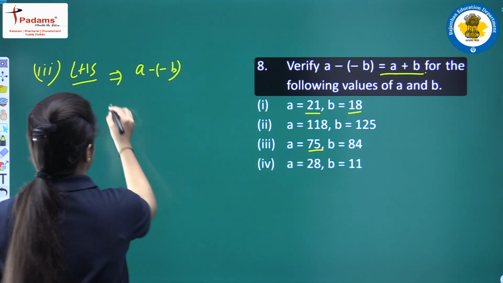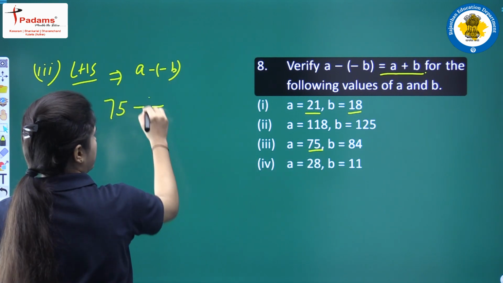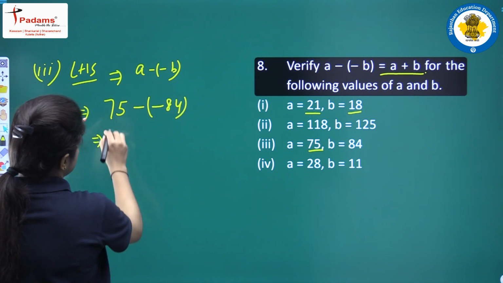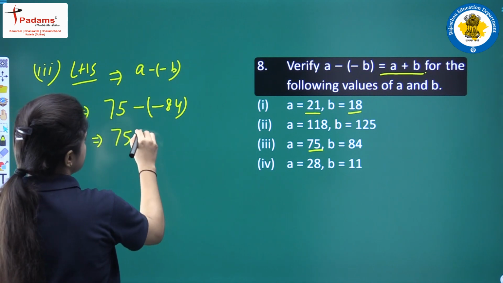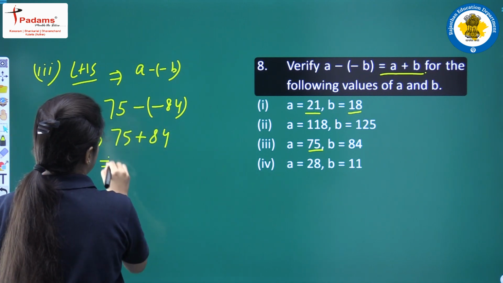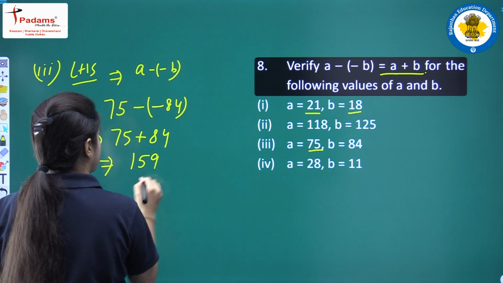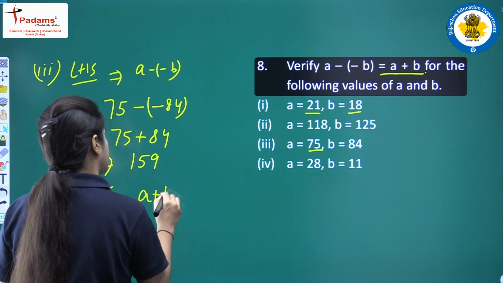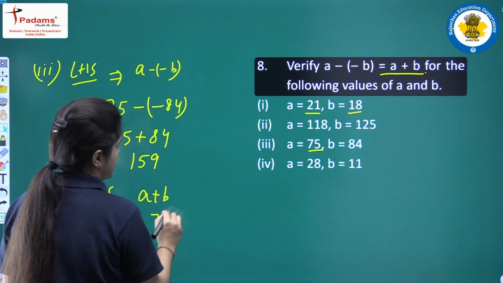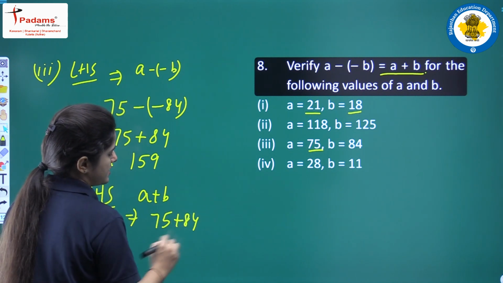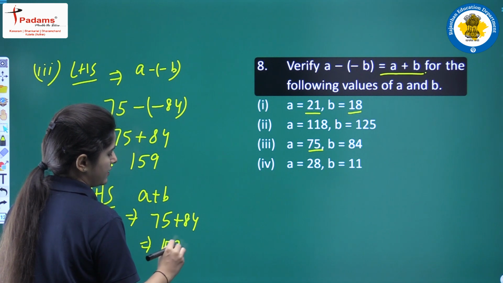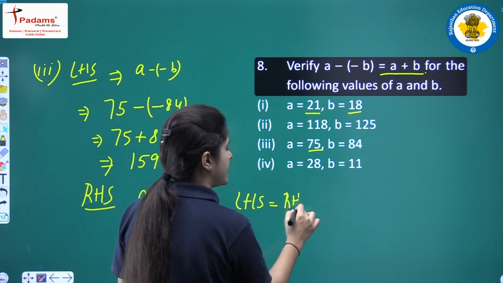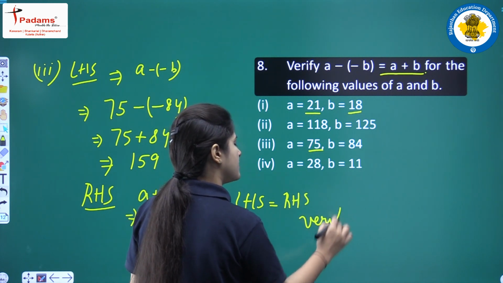A is equal to 75 and b is equal to 84. 75 minus minus is plus 84, that is 159, and RHS is equal to 75 plus 84, that is 159. So your left hand side is equal to your right hand side and hence it is verified.